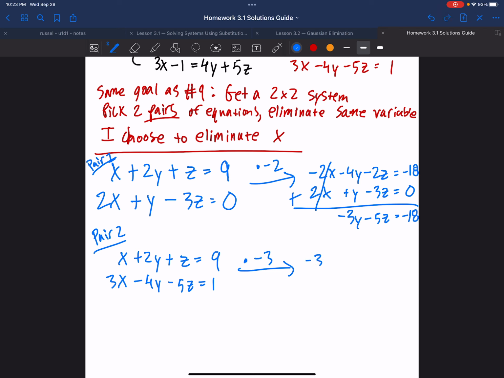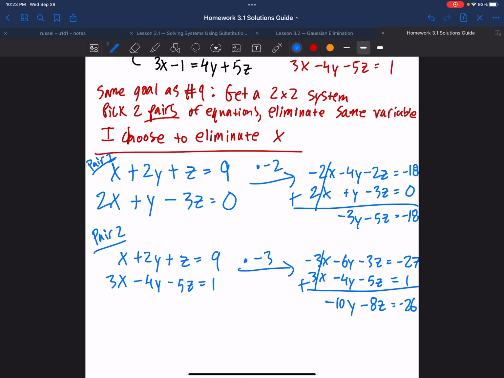So I get negative 3x minus 6y minus 3z equals negative 27. And then 3x on bottom minus 4y minus 5z equals 1. Add. This will cancel. I'll get negative 10y minus 8z equals negative 26.